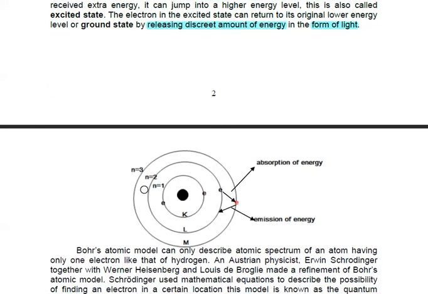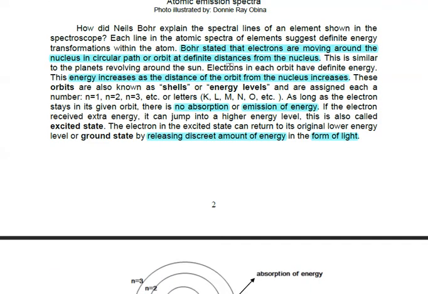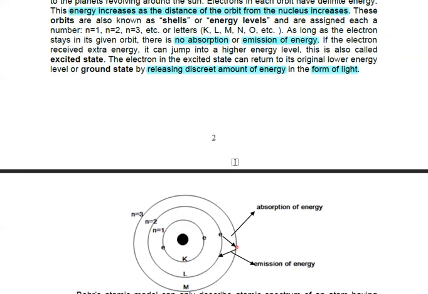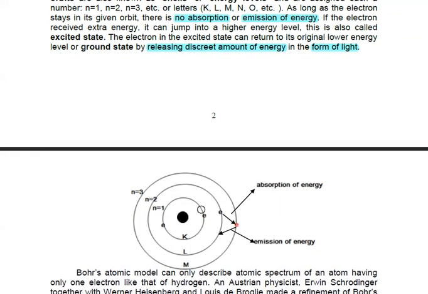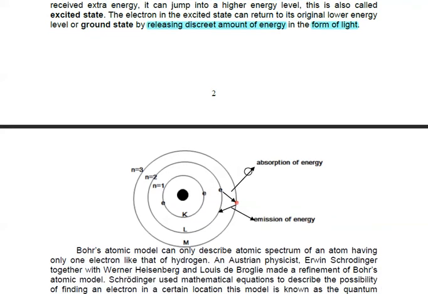So this is how it looks, what Niels Bohr said here. Electrons are moving around the nucleus in a circular path at definite distances from the nucleus. These are the electrons, and each orbit he named either n is equal to 1 or K, L, M. If the electron receives extra energy, it will jump to the next higher energy level.